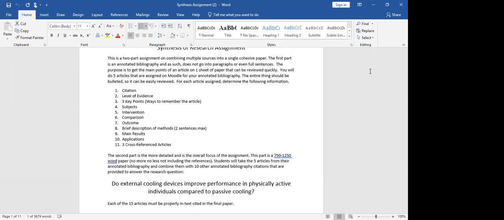I like the ways to remember the article because as I'm writing, I will remember things in the article that I've read, but I won't remember which article I read it in. That's just me. Right, so one of these always for me is this might be the basketball player article, right?